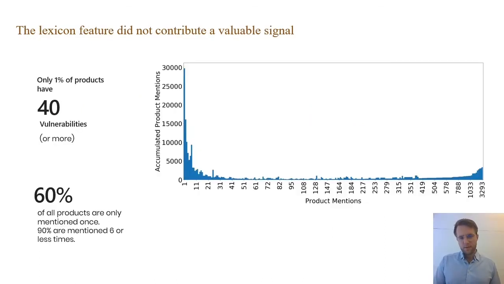And as we discussed earlier, the lexicon feature did not increase our performance, which might seem peculiar at first, but looking at the distribution of the CPEs and how often each CPE is mentioned, it's actually 60% of all CPEs are only mentioned once, which means that when they first were mentioned, a lexicon would not provide additional signal to perform that prediction.